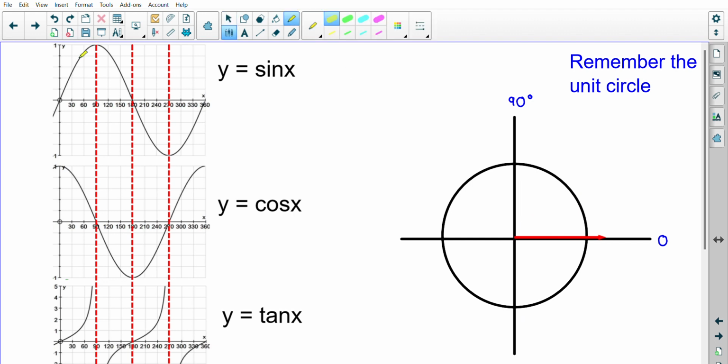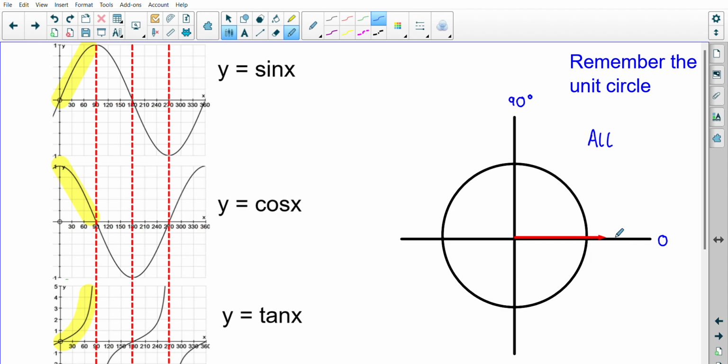So between 0 and 90 for sine, we've got this part of the graph here. Between 0 and 90 for cos, you've got this part of the graph. And then for tan, between 0 and 90, you've got that part of the graph. Now, all those parts of the graph are above the x-axis, and the y value is positive for all those parts. So between 0 and 90 degrees, all graphs are positive. They have a positive y value.